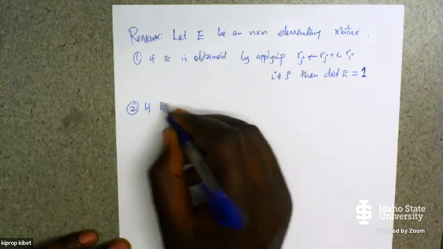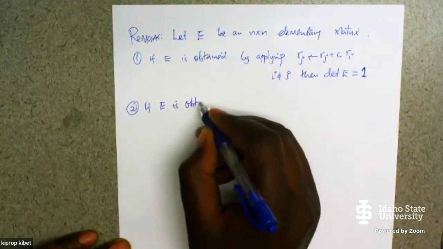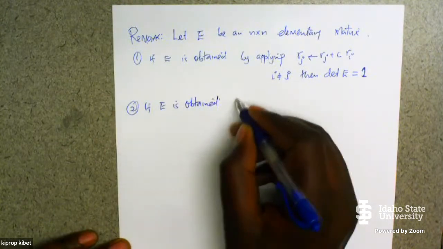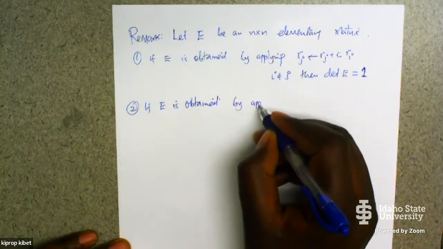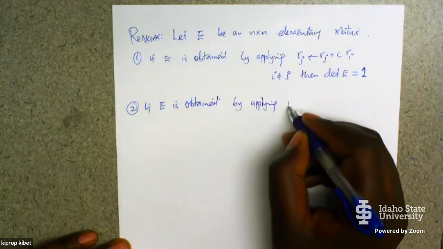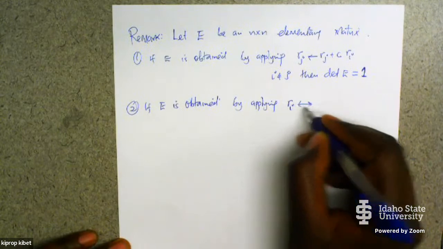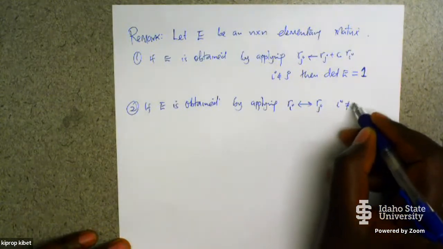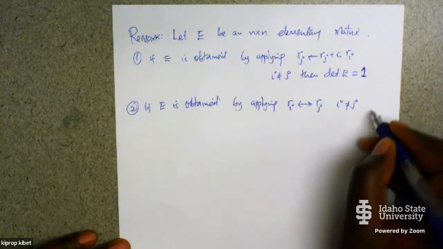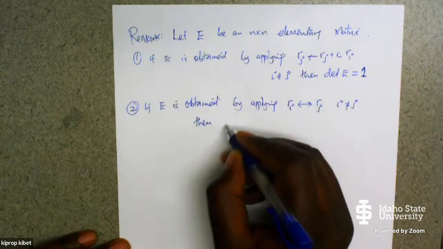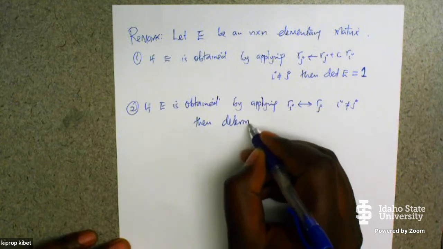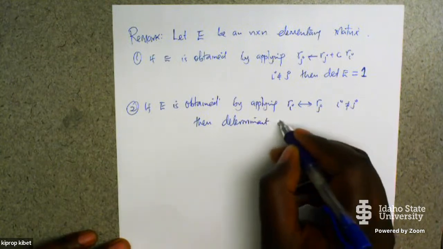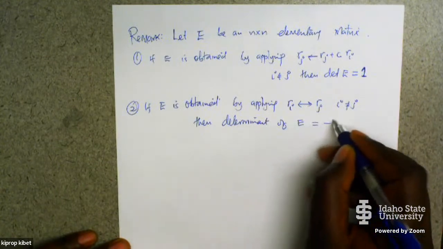Number 2, if E is obtained by applying a switch of Ri and Rj, where i is not equal to j, then the determinant of E equals negative 1.